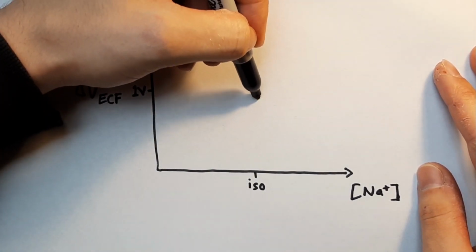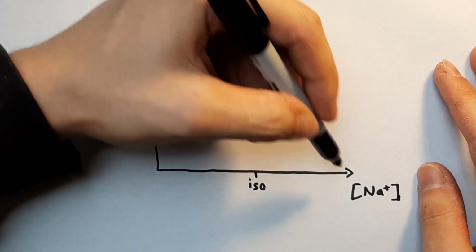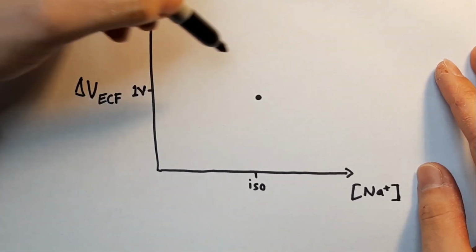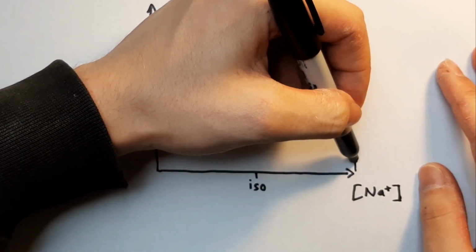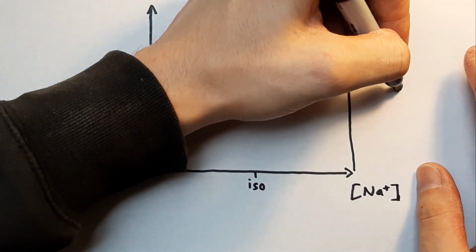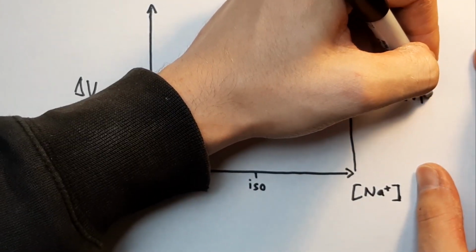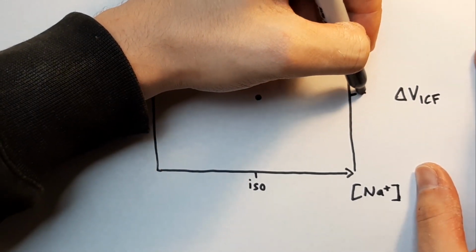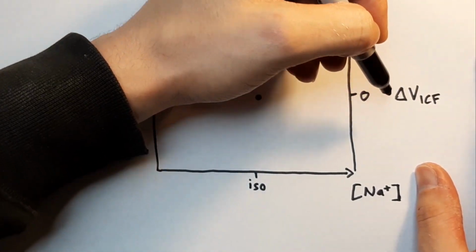Because there's no osmotic change that's going to pull or push fluid in or out of the ICF. So isotonic saline all goes in the ECF. You can actually just plot the intracellular fluid volume change on the same graph. So in the case of isotonic saline, you would just get zero change in ICF.